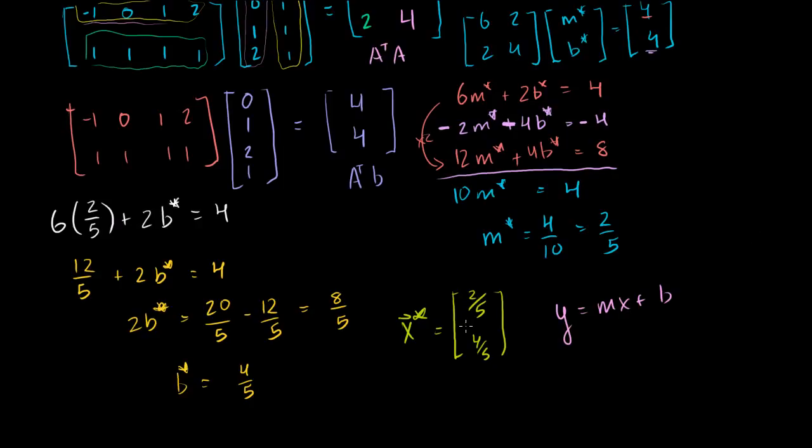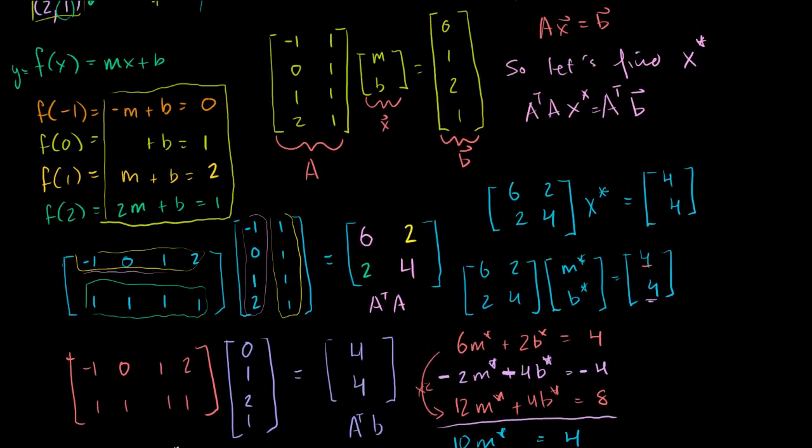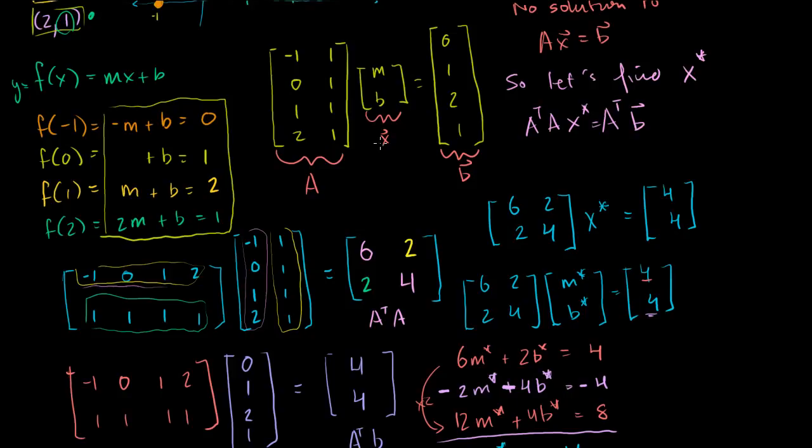No other solution is going to give us a closer solution to b than when we put our newly found x star into this equation. This is going to give us our best solution. It's going to minimize the distance to b.